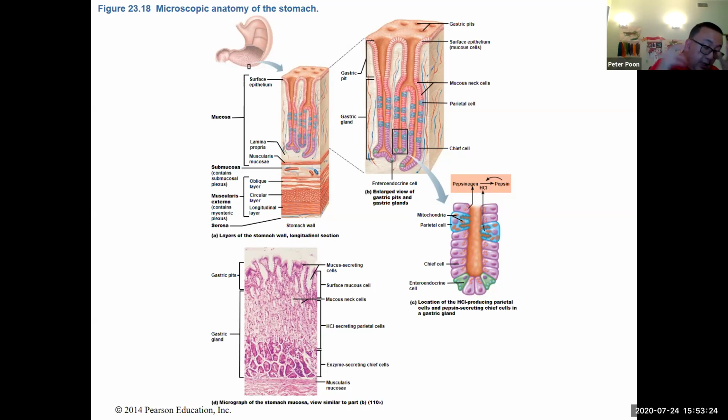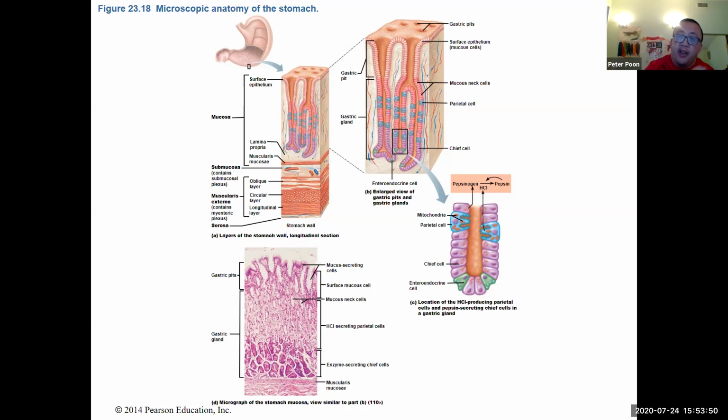The reason you want this two-step process is because you do not want any cell to produce active pepsin. If you produce active pepsin, it would digest the cell. So you want to make an inactive pepsin, take it to where you want to go, and then activate it.